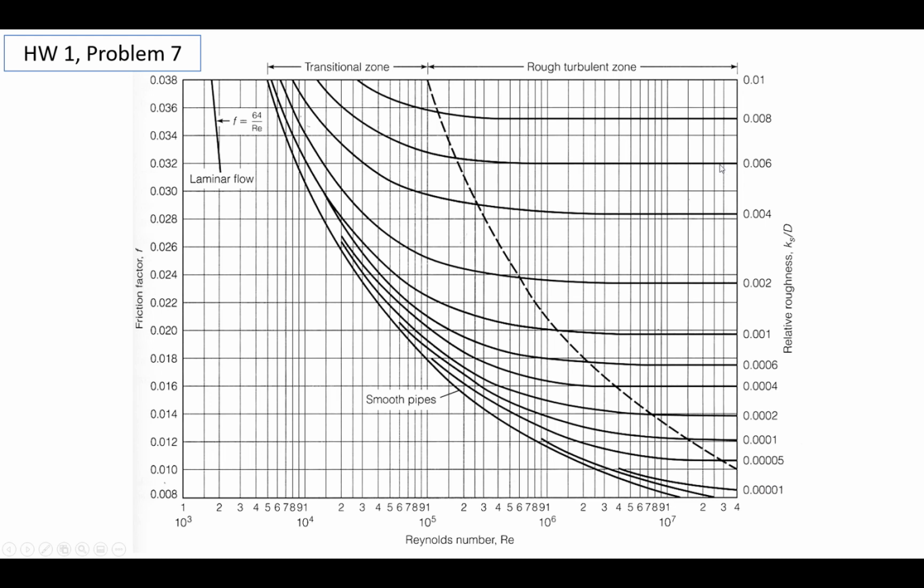See how this curve is flat? This is the fully turbulent zone. In this figure, they're calling it the rough turbulent zone. That basically means there's a portion of the flow conditions where, when you have a really high velocity, that doesn't impact the f value. If the velocity is really high, what determines the f value is the relative roughness.